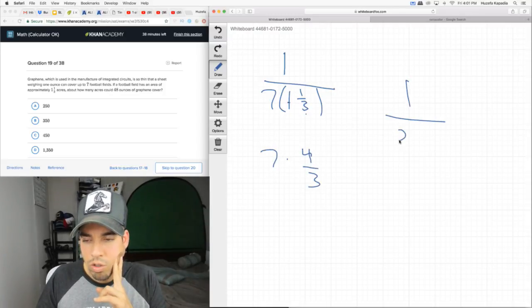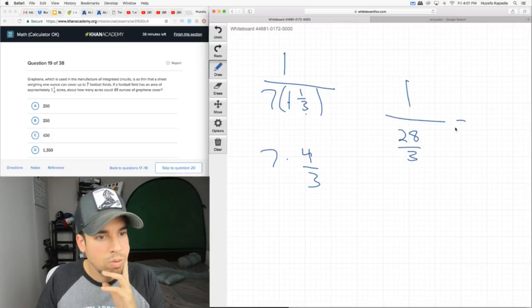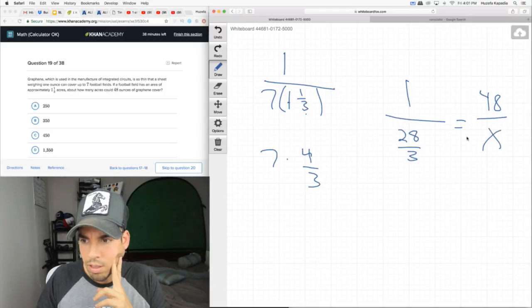So 1 ounce to 28/3 acres equals 48 ounces to x, and that's what we're solving for.